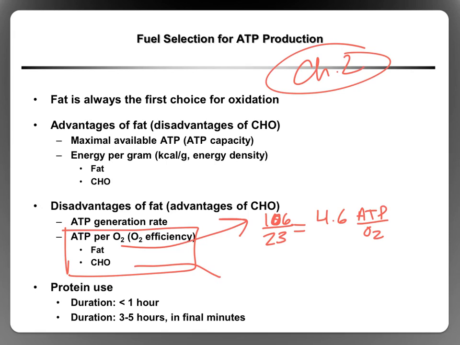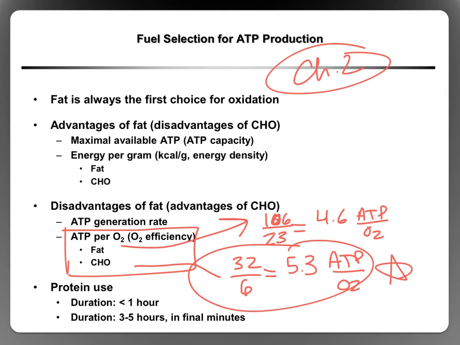For carbohydrate, the numbers were 32 ATP, because we used a blood glucose as our example, and in the process we only use 6 oxygens. So we get an efficiency of 5.3 ATP per oxygen. Okay, so you can see that per oxygen molecule we get a lot more ATP.